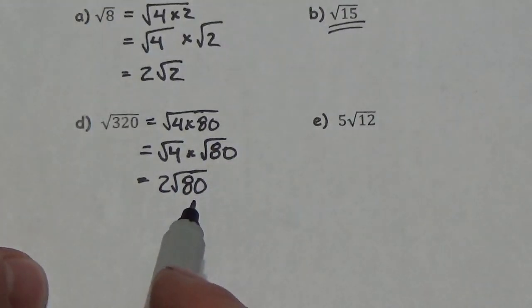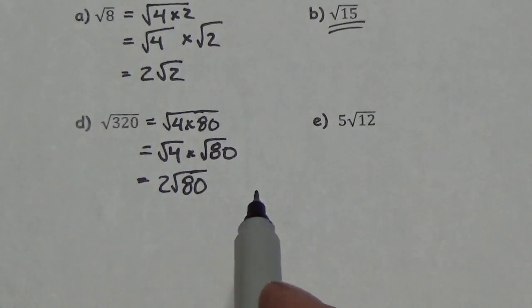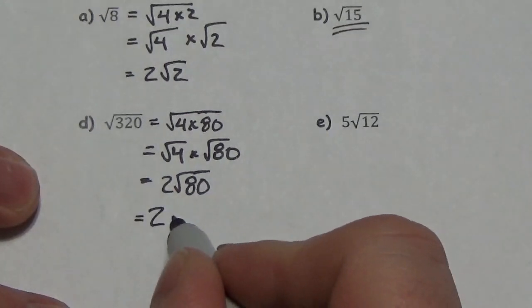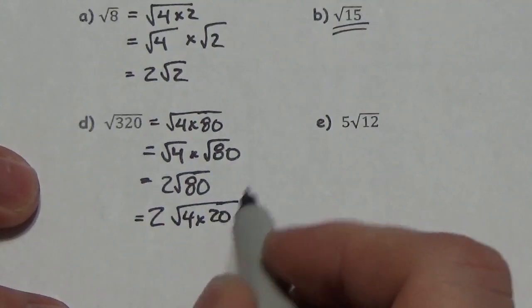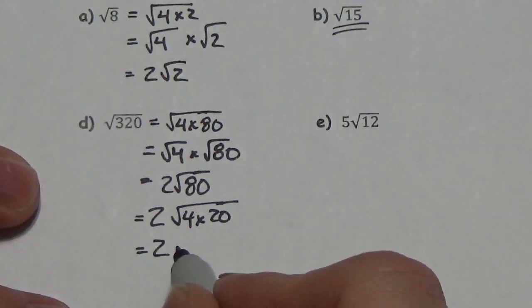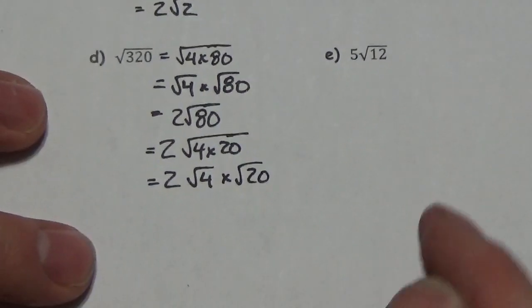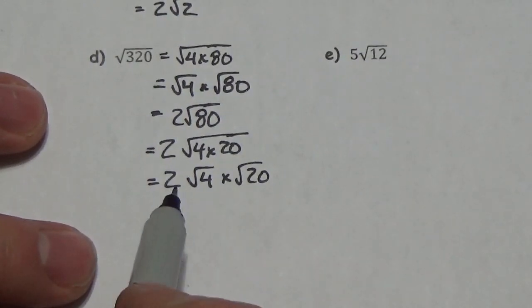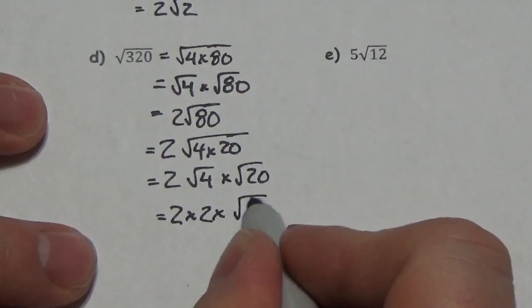But I look at that number right there, and I think, well, 80 is also divisible by 4. So I've got this 2 here, but I could rewrite this as 4 times 20, and that's going to be 2 multiplied by the square root of 4 multiplied by the square root of 20. And I know that the square root of 4 is 2. So that's 2 times 2 times the square root of 20.